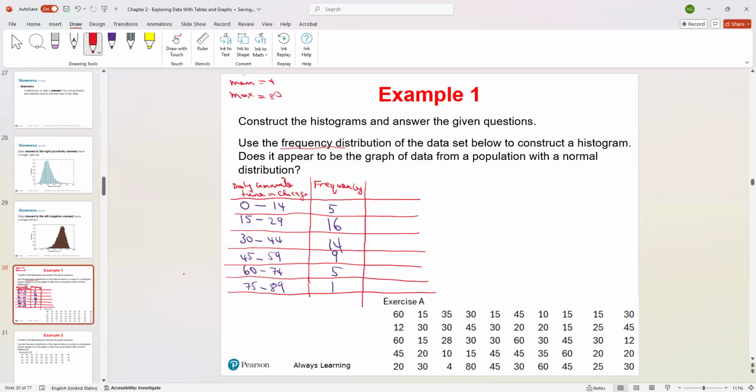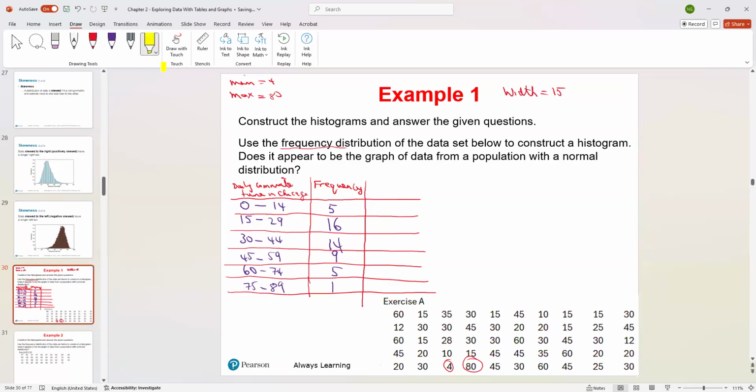The smallest data and the largest data in the data set. And they also asked us to use the width 15, because we're going to use exactly the same thing.